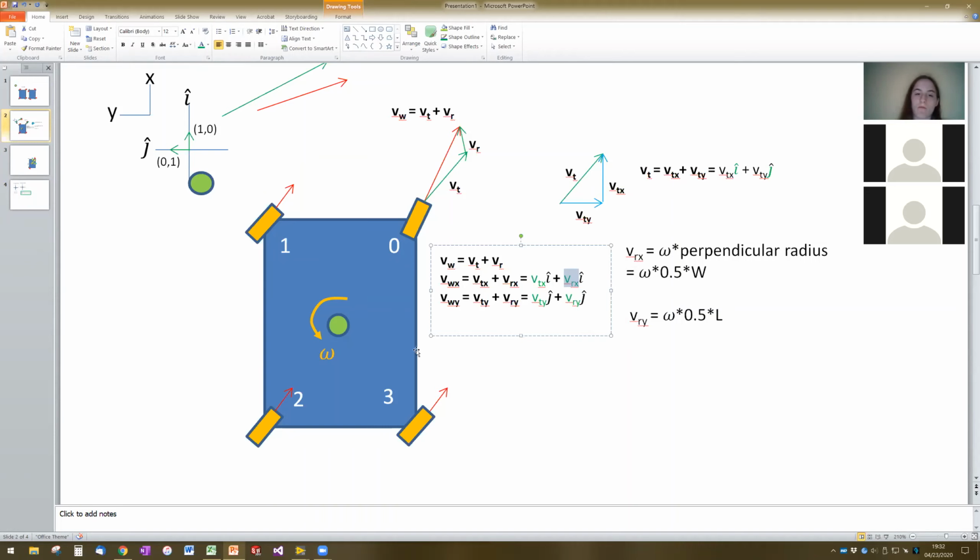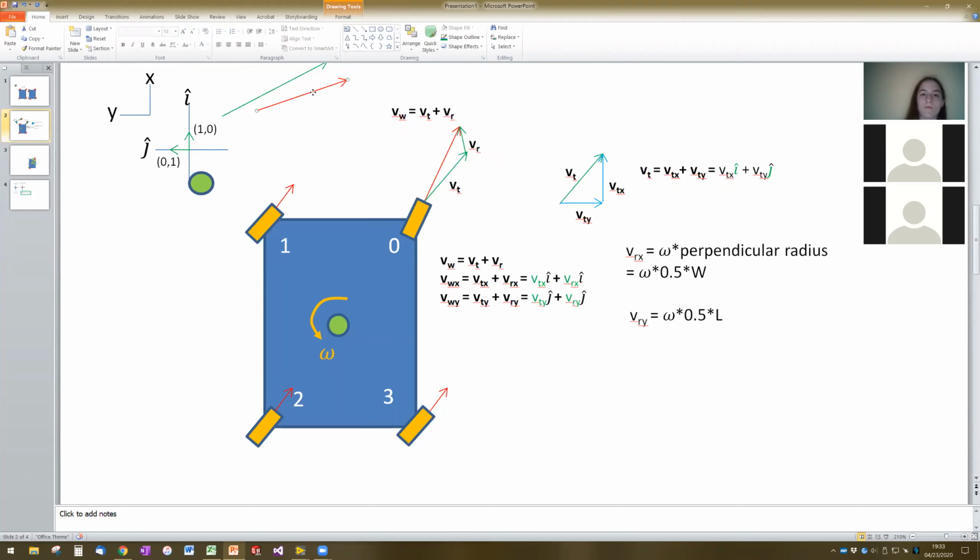So if we're looking at omega, positive omega is in this counterclockwise direction. And what we need to be careful about is if we're at wheel module number 0, if we've got a positive component in the x direction, do we rotate counterclockwise or clockwise?